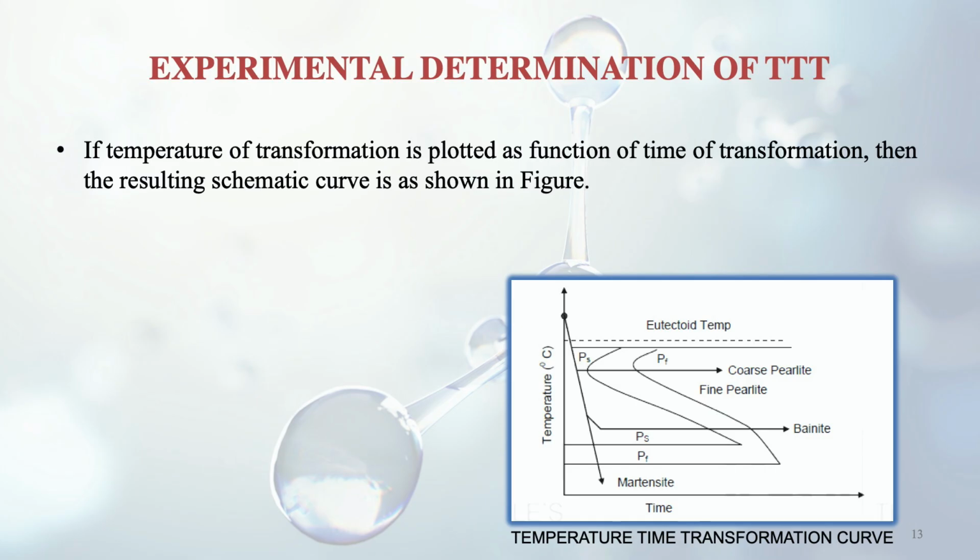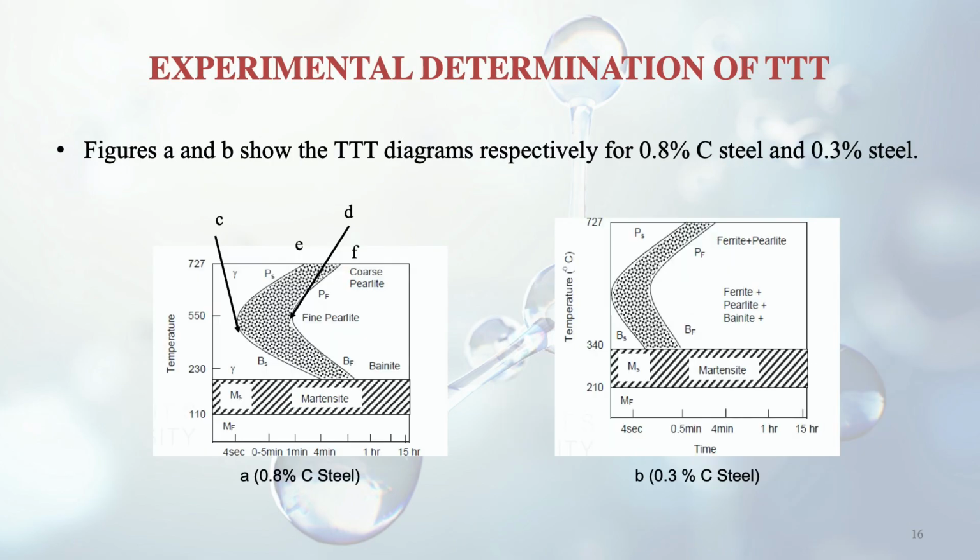So now we see that this coarse pearlite is formed in the beginning, and finally when we move down in the graph, then we can see fine pearlite is coming in, and further bainite is also there. So these are the two figures you can see, A and B. The first one is about 0.8% carbon steel, and the second one is about 0.3% carbon steel.